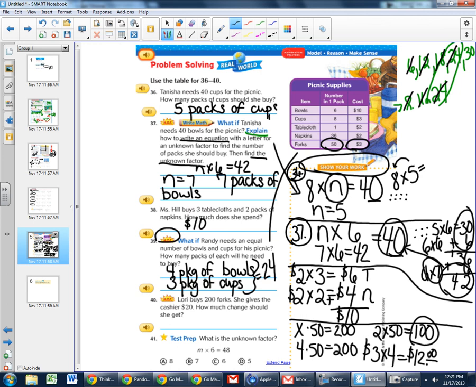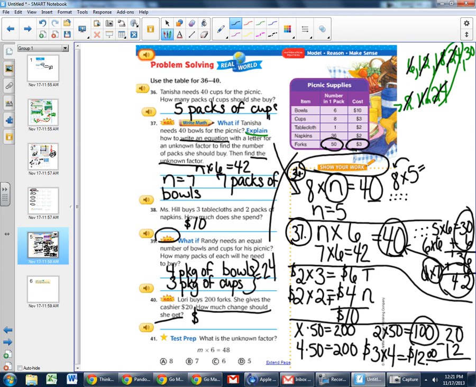But that's not what they're asking us. They want to know how much change she should get from that $20. So now you're going to do 20 minus 12. Go ahead and solve what 20 minus 12 is and fill that in right there.